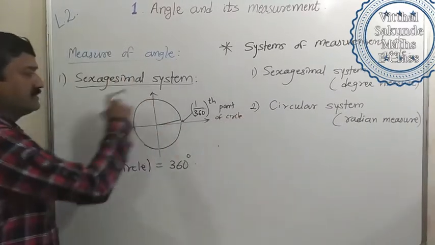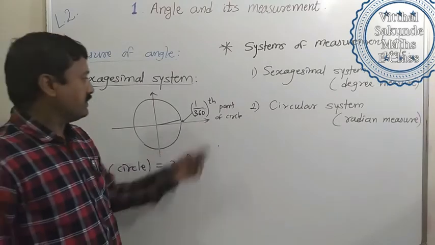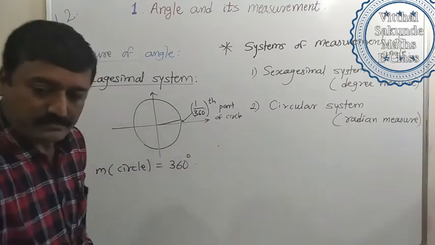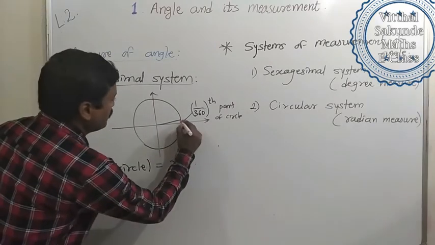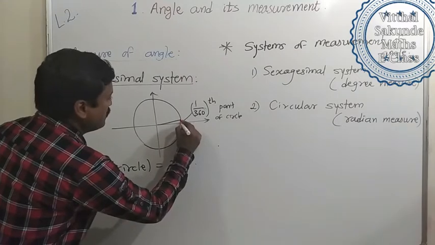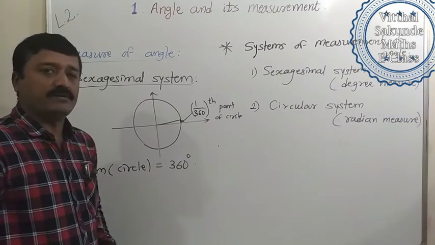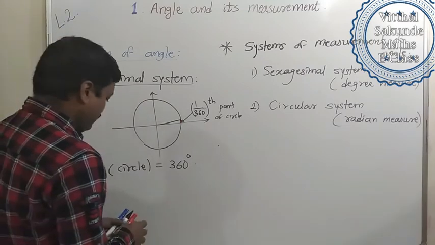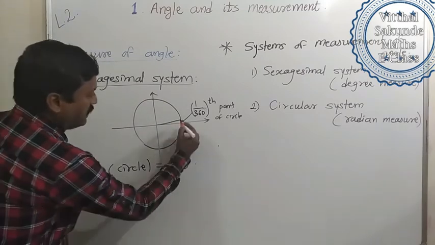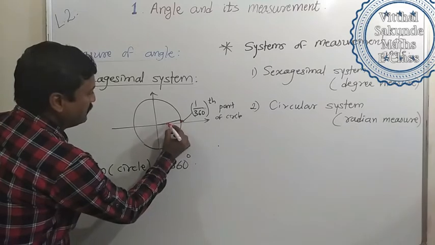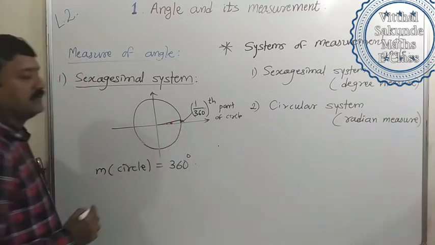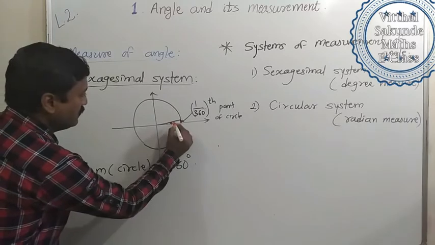If suppose this small portion is the 1/360th part of the whole circle, then the angle subtended by this arc of the circle at the center, this angle theta, is nothing but 1 degree.